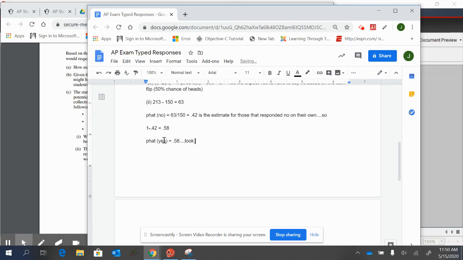I assumed 150 had to say no, out of 63 remain out of, again, we assume 150 said no. So that leaves how many? 82.